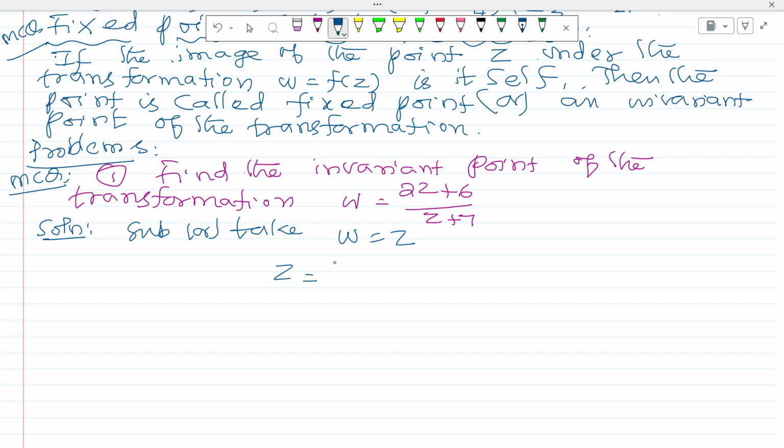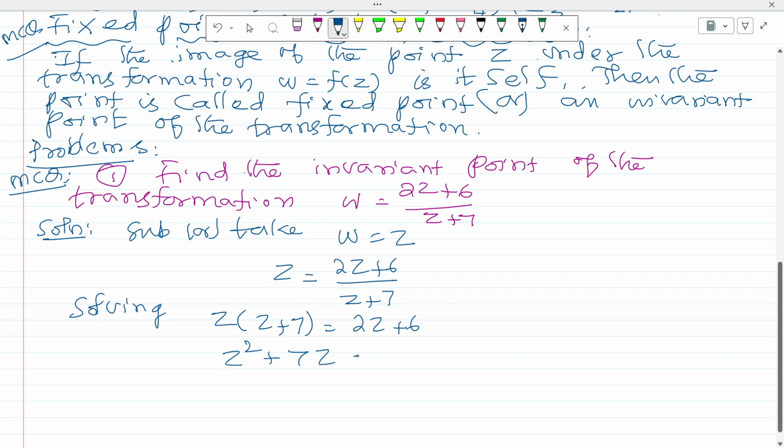So z equal to 2z plus 6 divided by z plus 7. Solving this, z into z plus 7 equal to 2z plus 6. So z square plus 7z equal to 2z plus 6. So z square plus 5z minus 6 equal to 0.